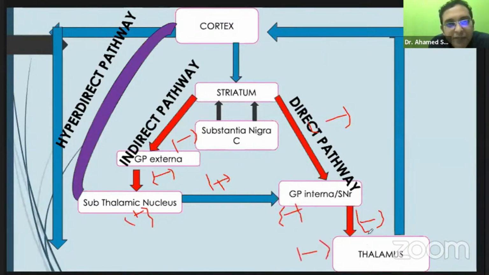So the indirect pathway is inhibitory to the thalamus, but the direct pathway is positive to the thalamus, and the hyperdirect pathway is always positive. At least you need to understand that: three pathways, hyperdirect, indirect, and direct. I'm repeating it so that when you read it, you get a hint of what I am talking about.